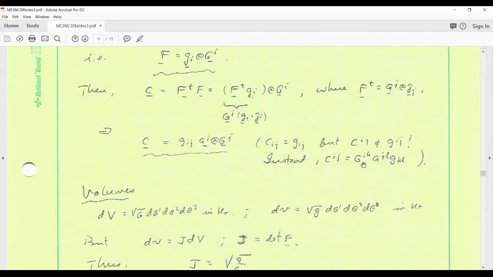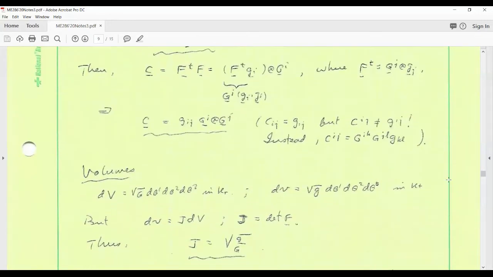Doing that, we need the referential metric to raise the indices to get the contravariant components of C on the referential natural basis. So this is the kind of thing that you know can cause problems if you're not careful.